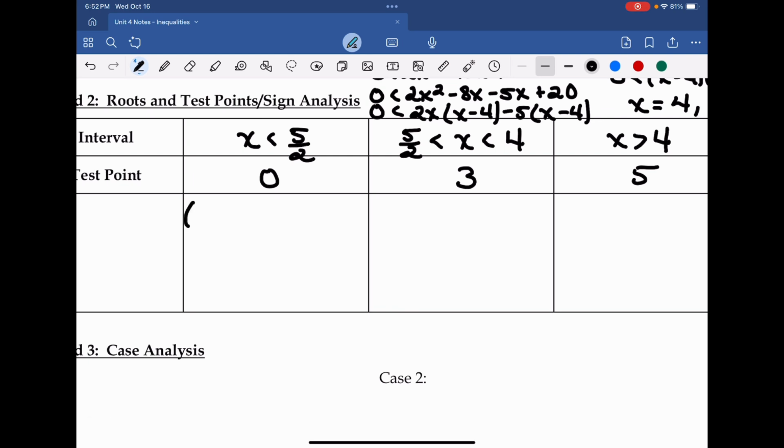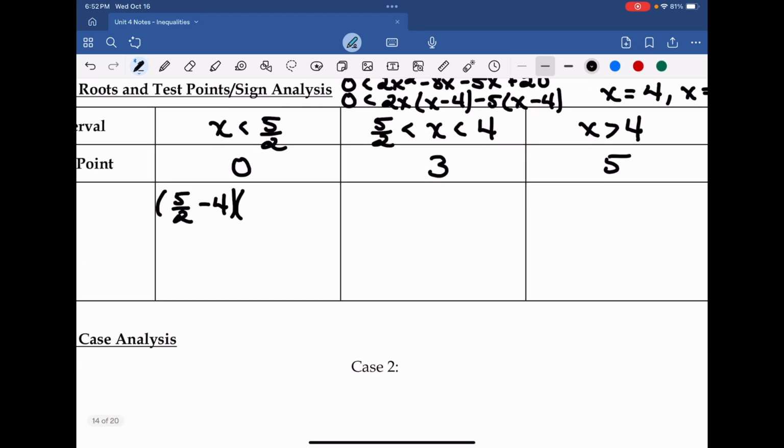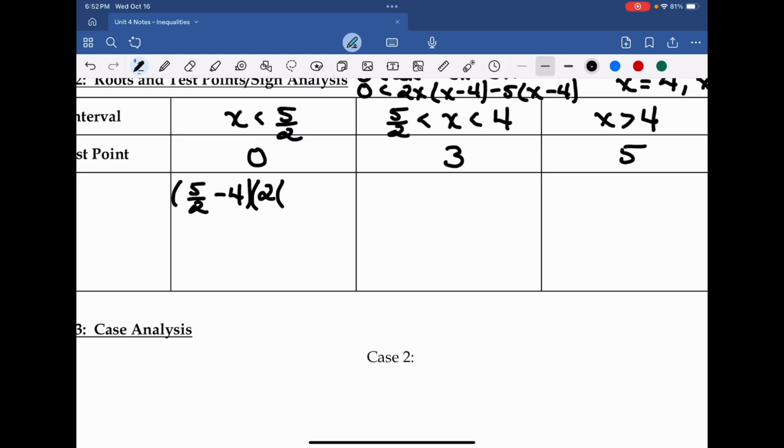So plugging this in, first and foremost, I plug in 5 over 2, and then this will be minus 4, bracket. We're going to end up having the 2x minus 5, or 2 times the 5. And I shouldn't be plugging in the x-intercept. I want to plug in the 0 value. So this is going to be 0 minus 4 times 2 times 0 minus 5, which is the second binomial.